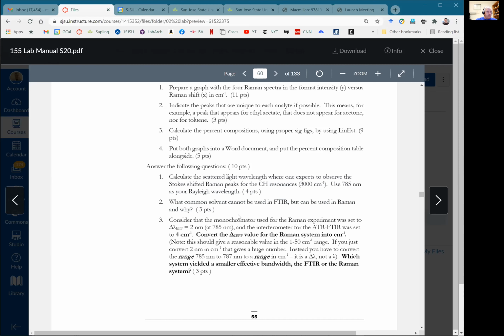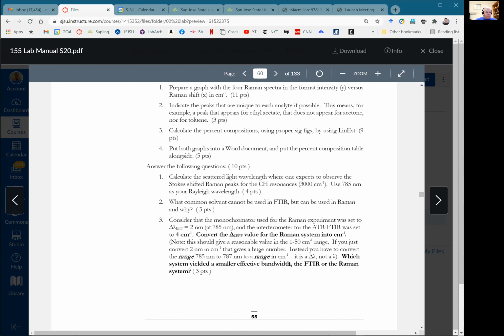And then what you need to do is calculate the new bar for 785 and the new bar for 787, and then take the difference in those, and that will tell you the effective bandwidth.